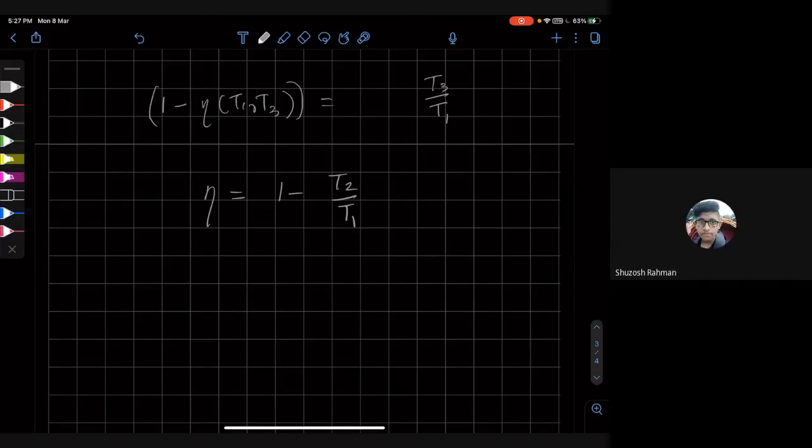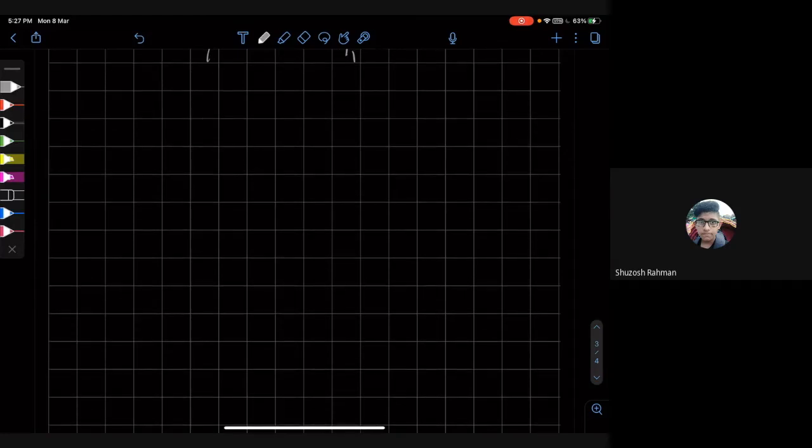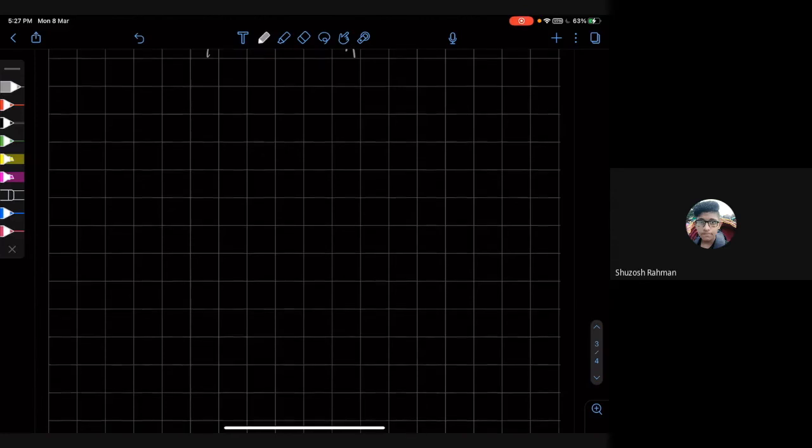So I think I'm missing something, but I don't know exactly what we're trying to do with this part. Oh, sure. So previously, we said that there was a temperature scale and it was a monotonic scale, right?